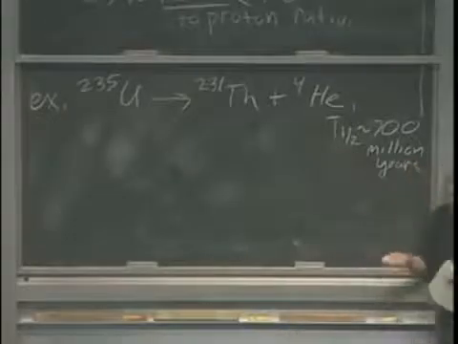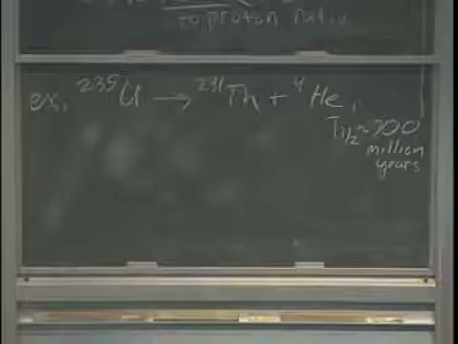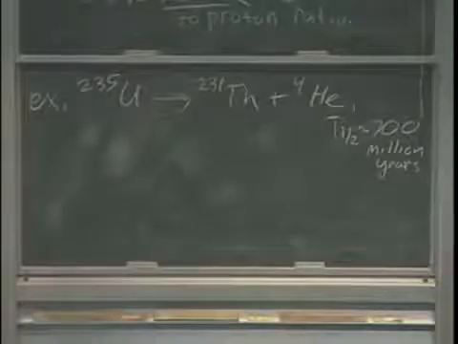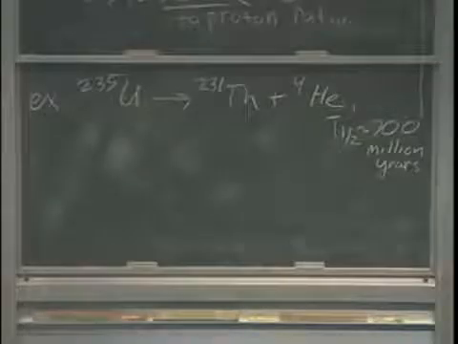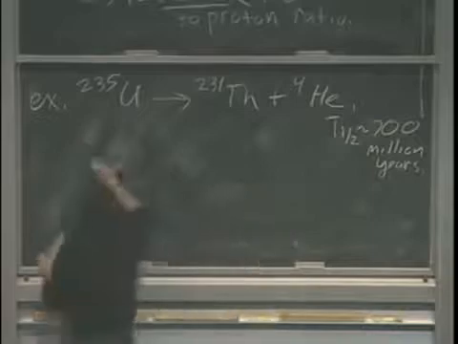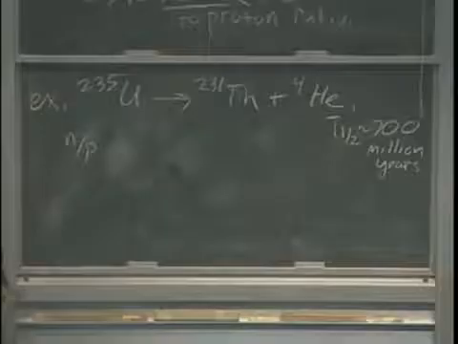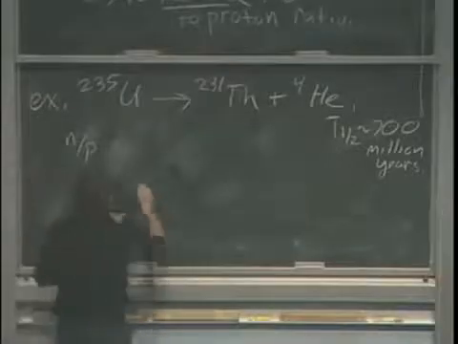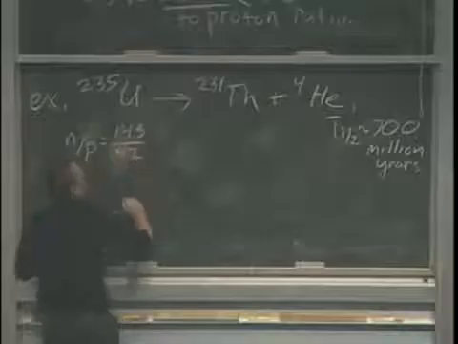And it will decay by this mode because it has a shortage of neutrons, or you can think about it, it has too many protons in the nucleus to be completely stable. So let's look at the neutron to proton ratio. For uranium-235, it's got 143 neutrons and 92 protons.